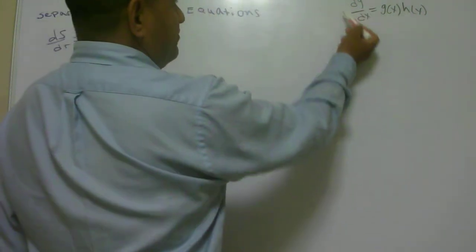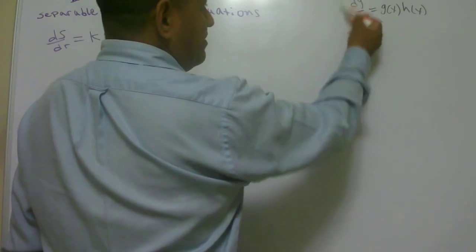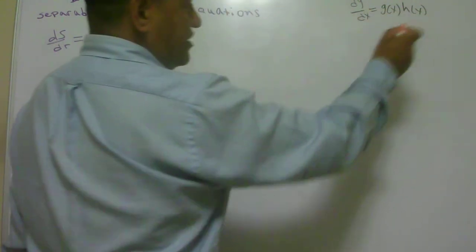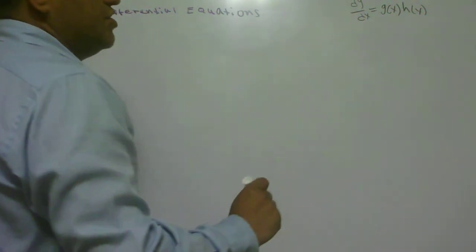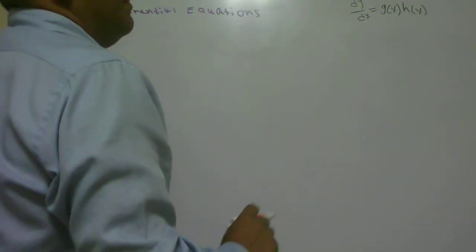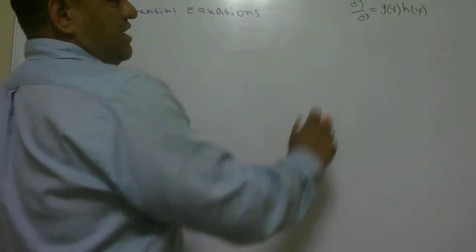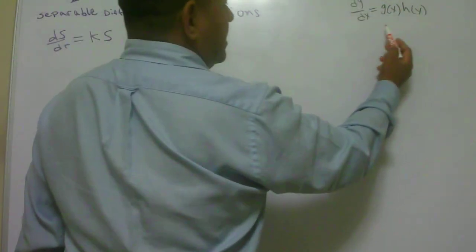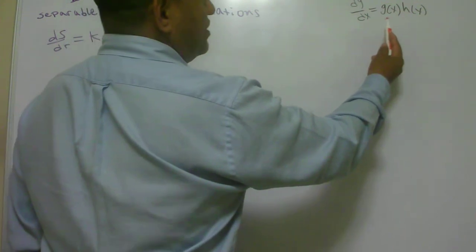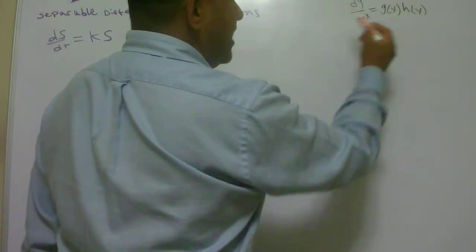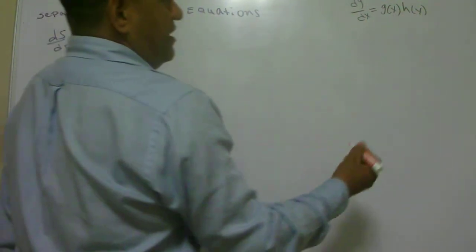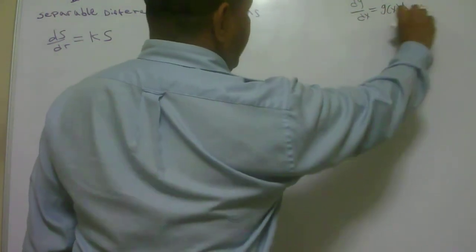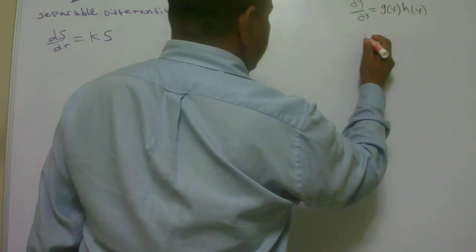In other words, I have a derivative on one side, and it is equal to two functions on the other side, and I have to separate this. I want to put the dy with the function of y, and the dx with the function of x, so I'm going to multiply across by dx.